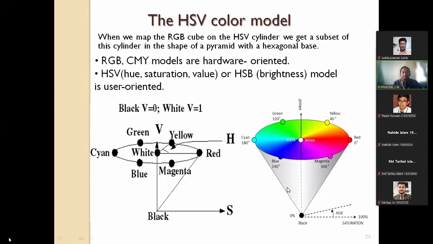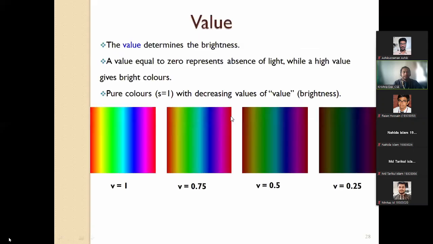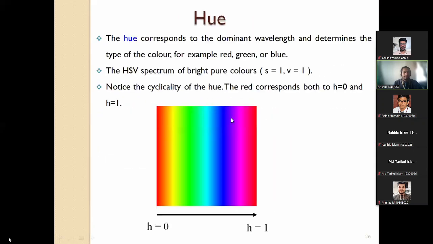The three elements have an interrelationship. In many places it is also said HSI, where I is again the brightness, or intensity, or value, or HSB as well. Sometimes it says hue, saturation, and brightness. The intensity in HSI is the same as the value. So this is also important, HSB.